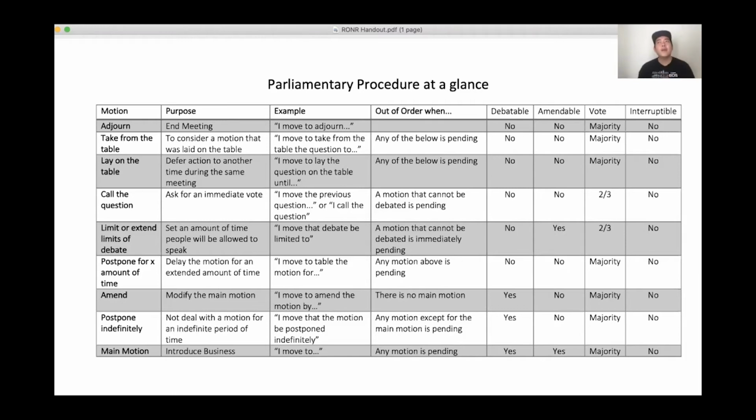But there are times that we need a 2/3 majority. And the times that we need a 2/3 majority also deal with people's rights to speak. And so again, this is actually really progressive of Robert's Rules because it is protecting the voices of the people who have not spoken, or is cautious of giving someone too much time to speak. Anytime we need to extend time, limit time, or go immediately straight to a vote, it is giving more voice to a particular population or limiting or prohibiting certain people from speaking.